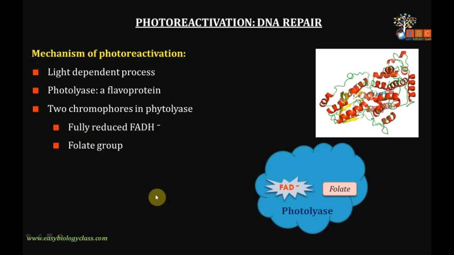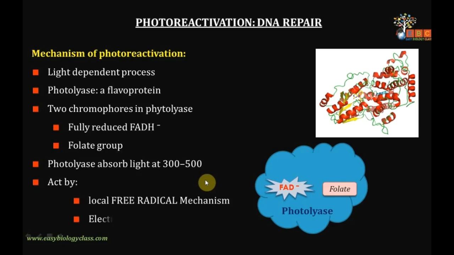The fully reduced FADH- is very essential for the catalytic property of the enzyme. Photolyase enzyme absorbs light and gets activated. The light-activated photolyase enzyme splits the thymine dimer by a local free radical mechanism, by a transient electron transfer method.